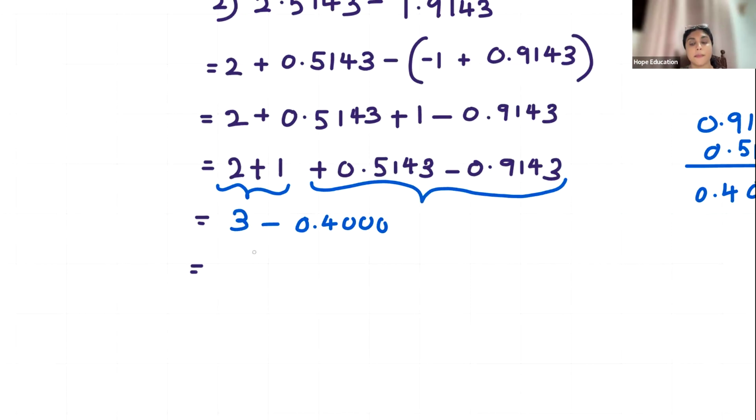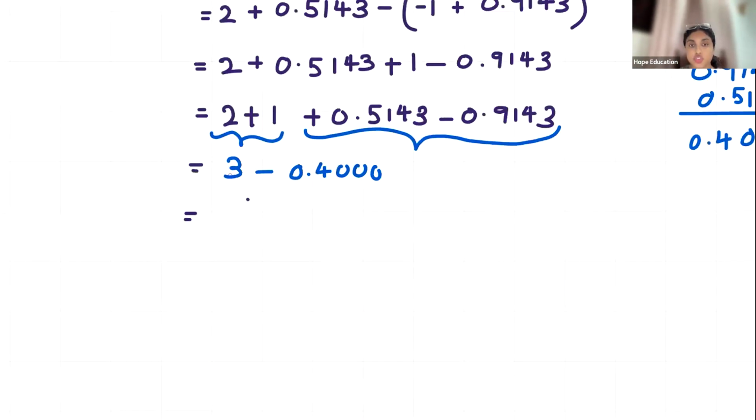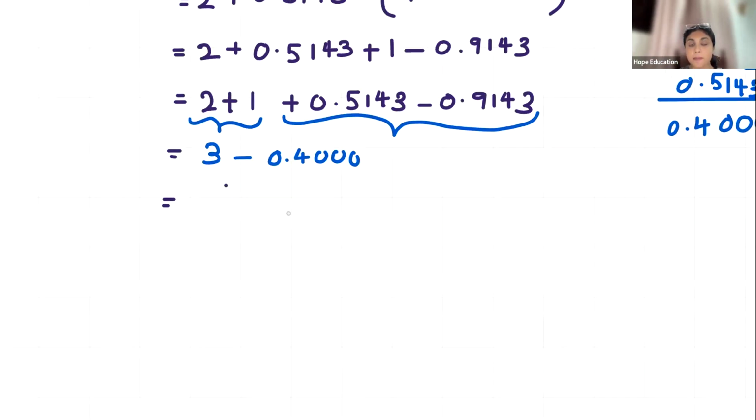Others? Hasindu, Denuri? Then what do we do here? Here there's a minus, no? So now the characteristic is 3, the mantissa is 0.4, and there's a minus. The characteristic is 3, so we subtract 0.4000. Since there's nothing here, I just put 000.